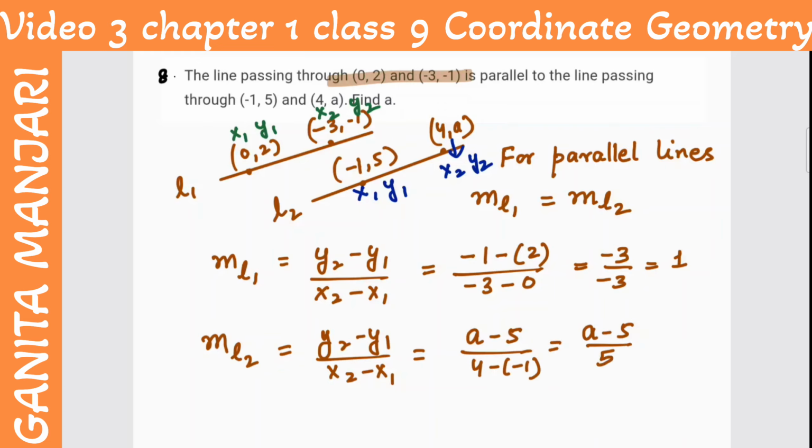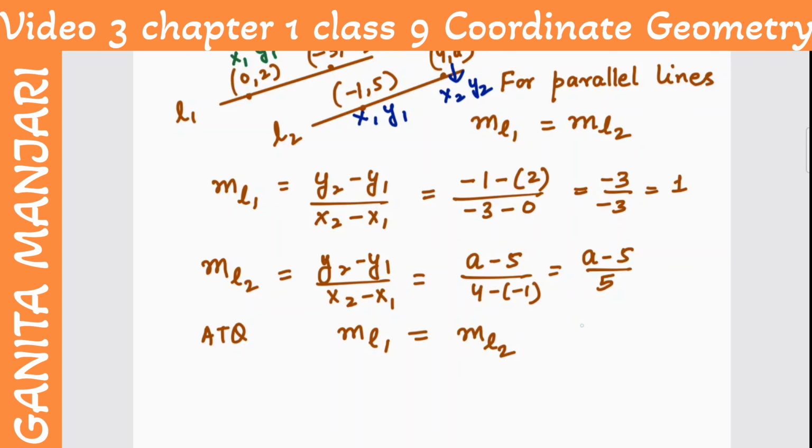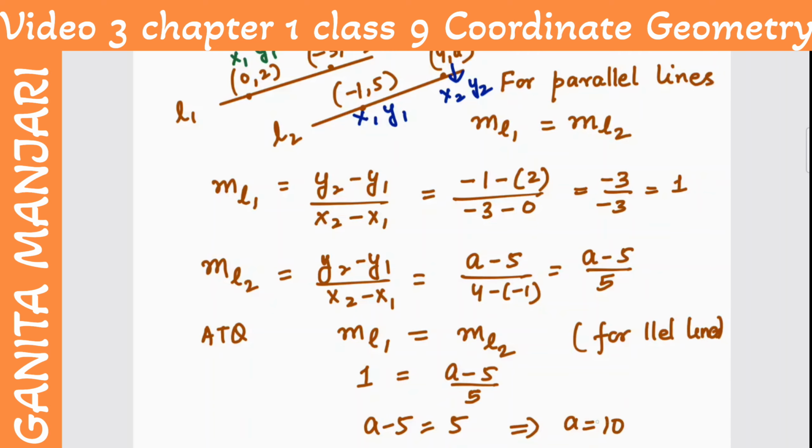Now according to this question, slope of L1 equals slope of L2 for parallel lines. So 1 is equal to a minus 5 upon 5. So a minus 5 is equal to 5, which means a is equal to 10. So the value of a is 10.